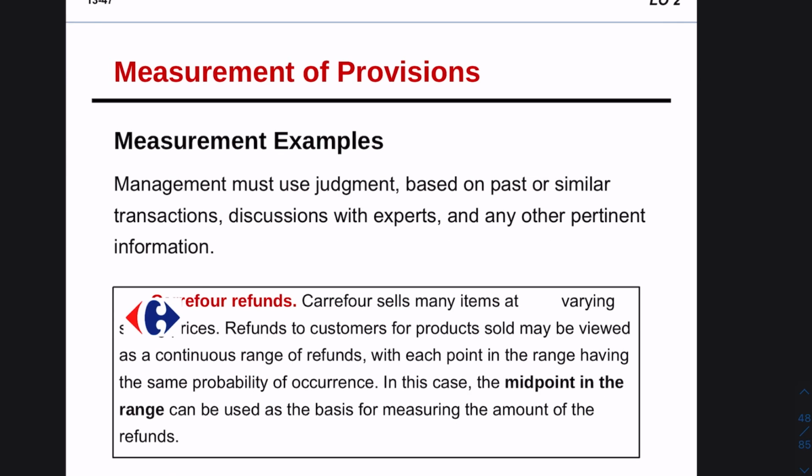We have another example of Carrefour. They sell a lot of different varieties of items, and because there is a continuous range of refunds, they will use the midpoint in the range, which is a mathematical calculation to estimate the average refund to their customers, and then they will recognize the liabilities.